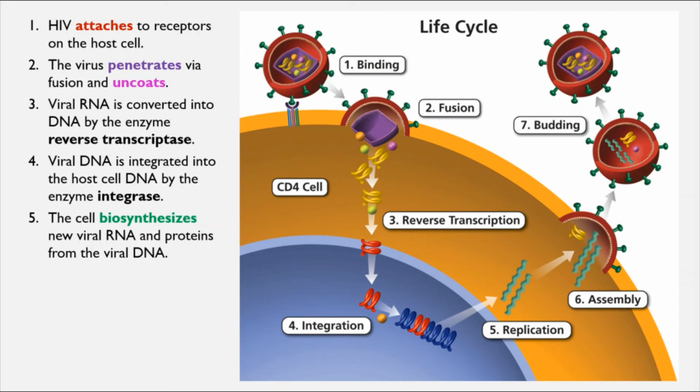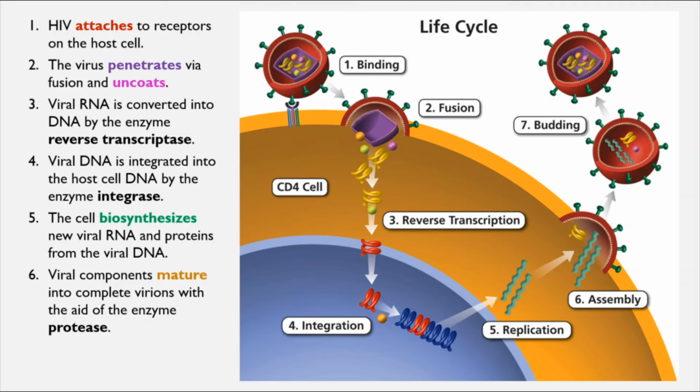It will be replicated, and the genes will be transcribed and translated to create new viral proteins. The pieces of new HIV virus will be assembled through maturation with the assistance of another enzyme called protease. Lastly, new HIV virions will be released from the host cell through budding.